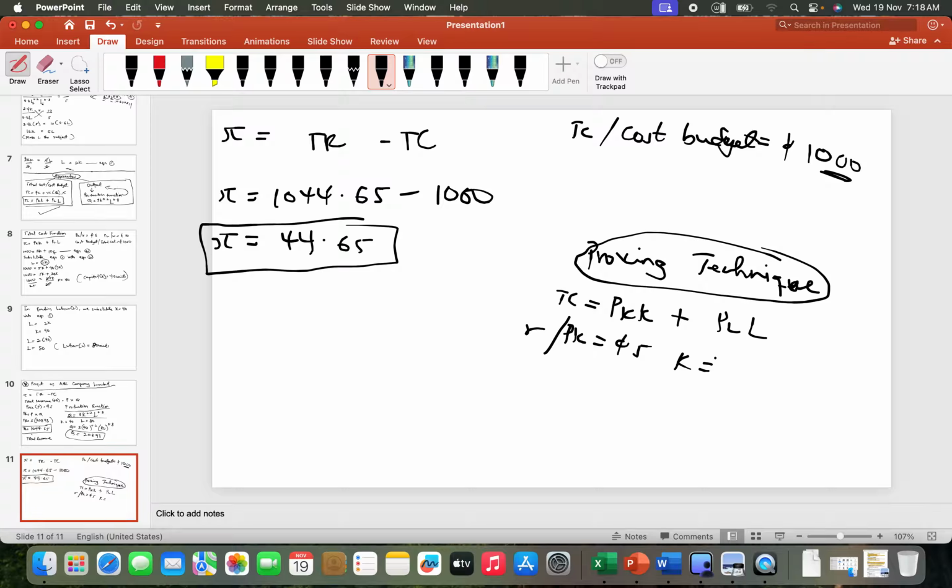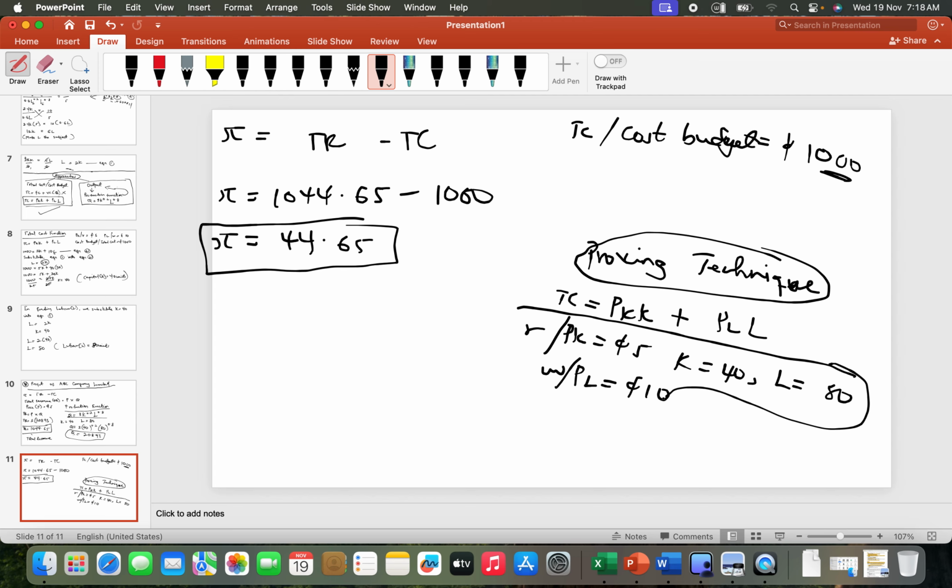When we solved, we had K to be 40 and L to be 80. Then the price of labor, which is the same as W, was given as 10. So we substitute everything into the total cost function, since TC is equal to this, and we should be able to get the 1,000 that was given in the question.